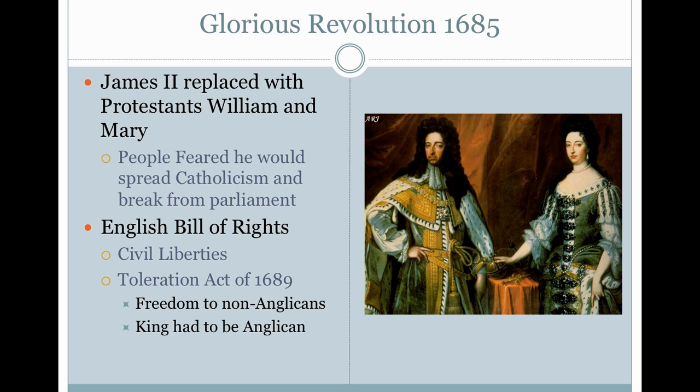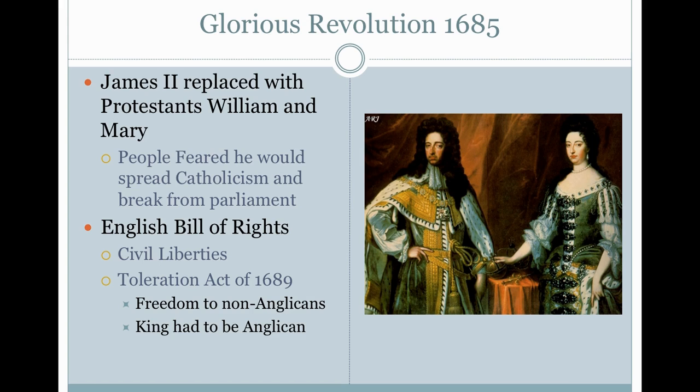The Glorious Revolution, 1685, kind of a similar fight. James II is replaced by Protestants, a Protestant king and queen named William and Mary. There's a college in Virginia named after them. And the reason that he was replaced was because people in England feared he would spread Catholicism and also break from Parliament, kind of disregard the Petition of Right and the Magna Carta.